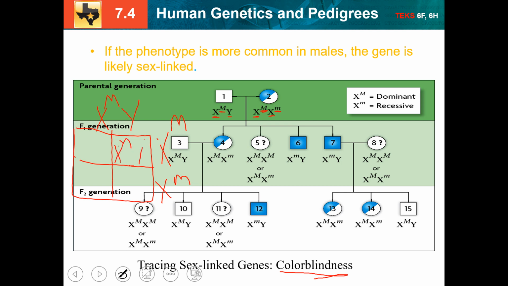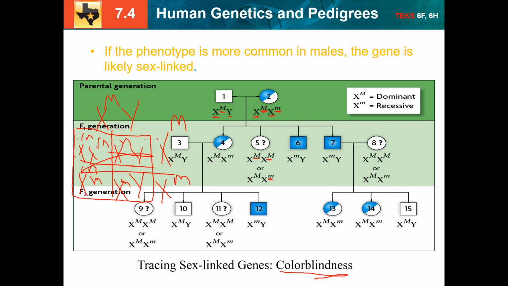We get X big M, X big M for a female, then down here X big M, X little m, and X little m, Y. Meaning you can get an individual who has both X chromosomes with the capital M, or one of the lowercase m's. We don't know which one of these offspring it's going to be.